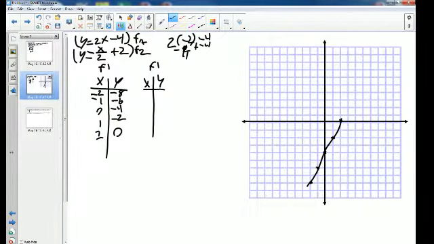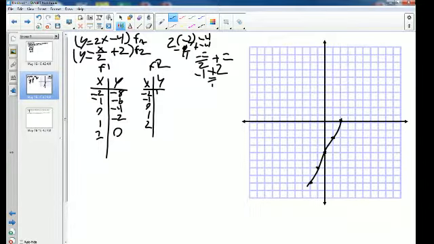And for function 2, you'll plug in the same things, negative 2 through 2. If you plug in negative 2, negative 2 over 2 is negative 1 plus 2 is equal to 1.